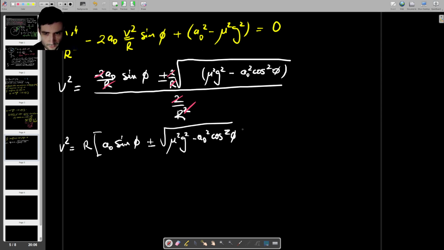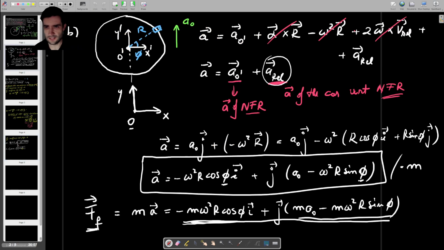So let's talk about this for a second. We have found what the maximum velocity is, but we found it in terms of the angle phi. And this kind of makes sense because that means that at each position, so for each angle phi, the car is going to be able to experience a maximum frictional force.